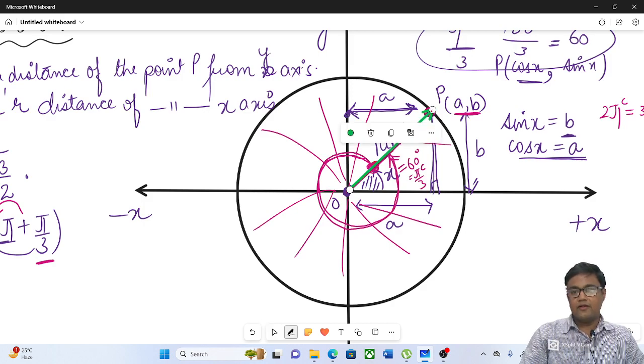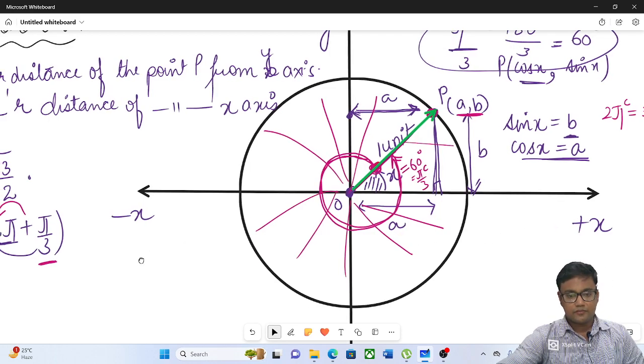Now, whatever were the coordinates of the point of intersection, that is a comma b, that is cos x comma sin x, again they will remain the same at that angle. So, you try to understand this concept, children.